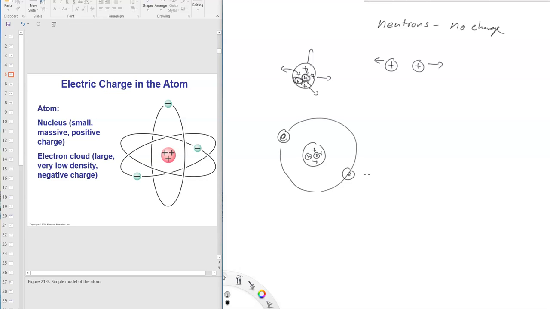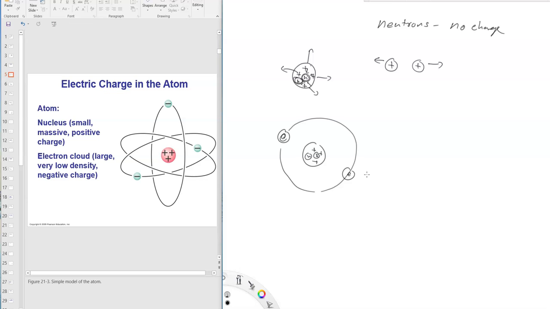That's the classical explanation of the atom. The modern, quantum explanation is a little different. We don't assign specific orbits. We talk about the highest probability of finding the electron at some distance, and we call that the orbit, right? So it's kind of a fuzzy explanation.